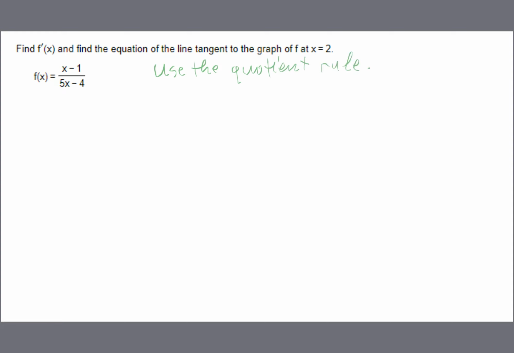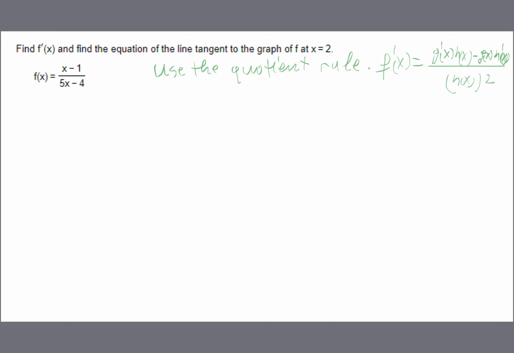Let's review that a little bit. f prime of x equals g prime of x h of x minus g of x h prime of x over h of x squared.